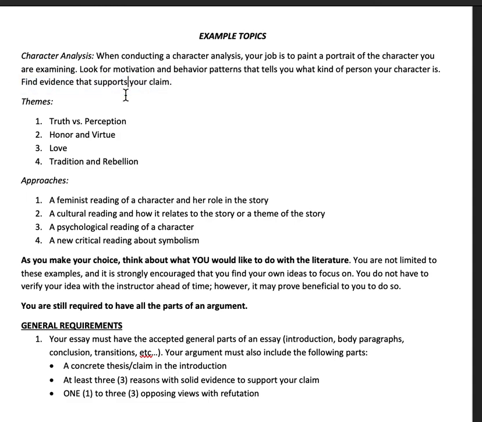Your claim could also be something like the woodcutter is actually a key character in the story because of certain details that he tells. Or you might argue, for example, that the police commissioner knows more than he's telling, that he's actually part of the conspiracy, or something like that. Any of those could be a good claim when it comes to a character analysis.